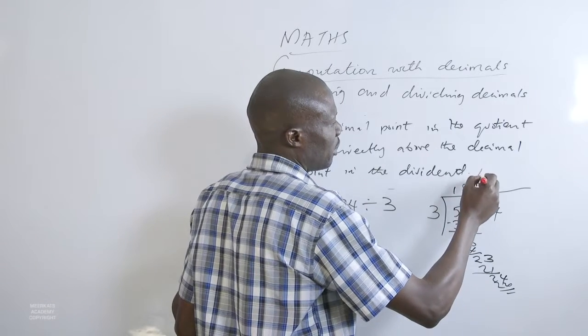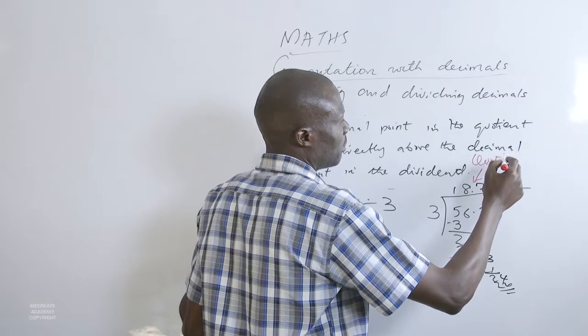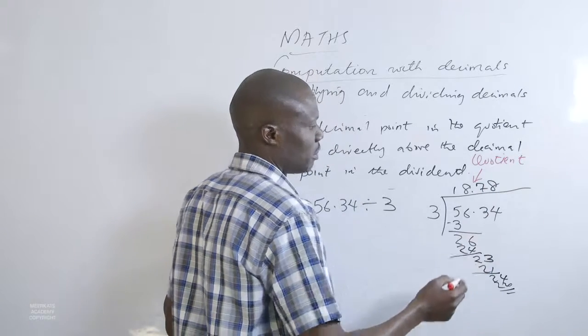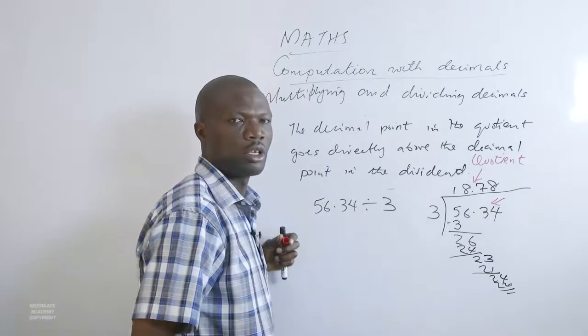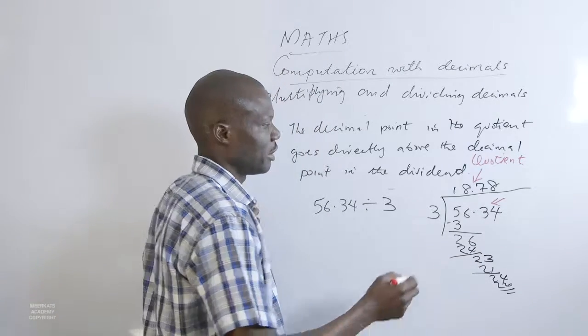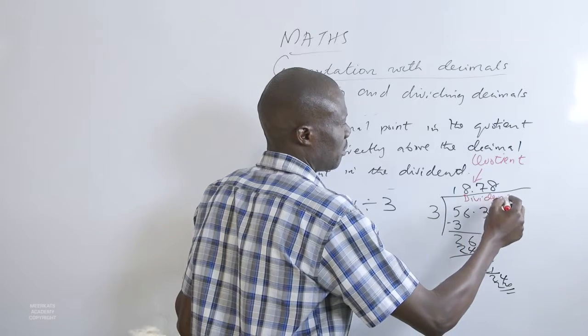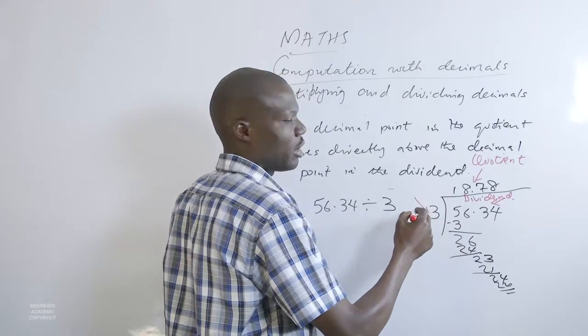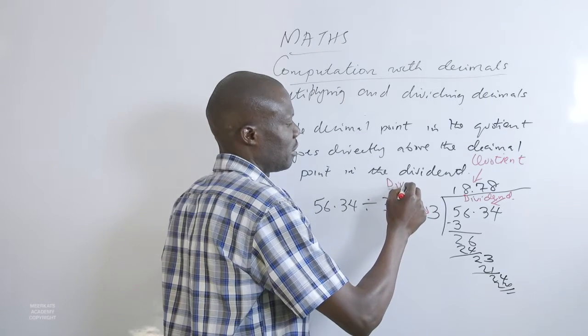This one here is called the quotient. This one here is what we call the dividend. And this one, 3, is what we call the divisor.